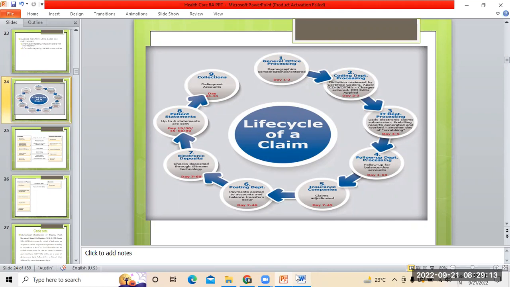Once that is done, the next is electronic deposits, which we also call clearing, because this does not happen through any other means. Usually this happens in an electronic format.